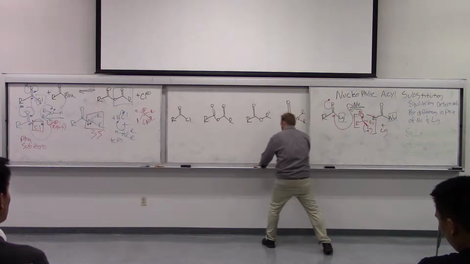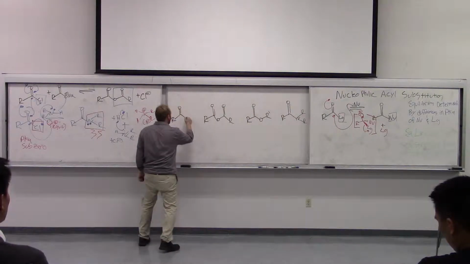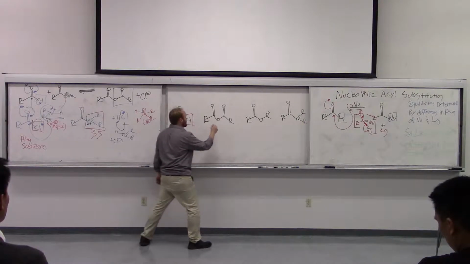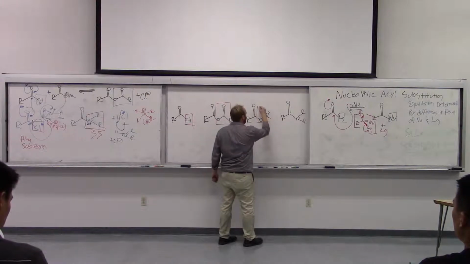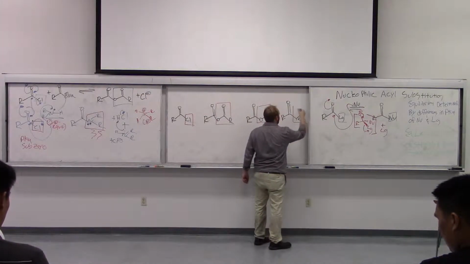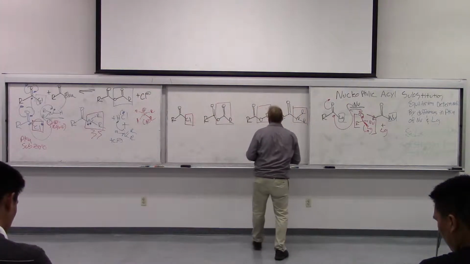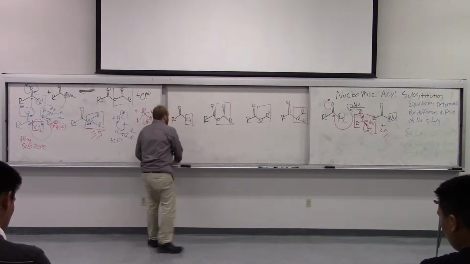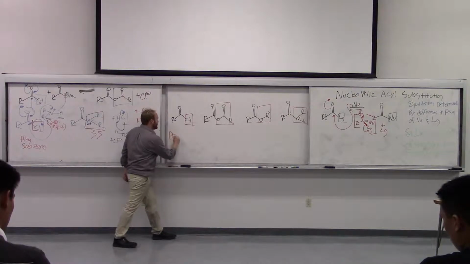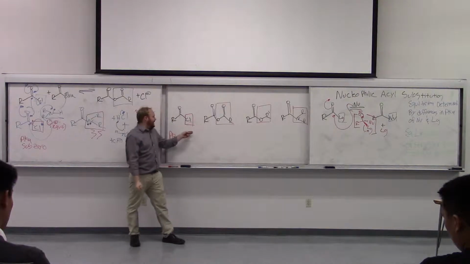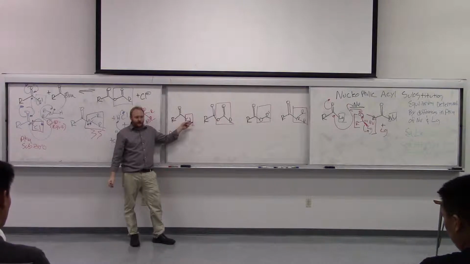All right. Next, I'm just going to write the pKa's of the functionality of the acyl group right here. So the pKa of HCl, which is the conjugate acid of the leaving group.